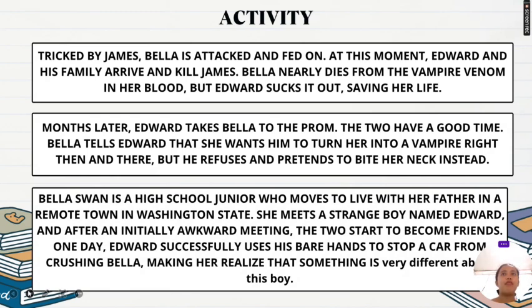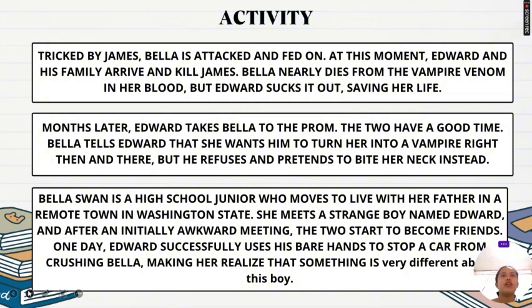Bella nearly dies from the vampire venom in her blood, but Edward sucks it out, saving her life. So how do we know that this is our climax? Okay, correct, because this part of the story is the most thrilling part since Bella is attacked already and the conflict is starting to get more complicated, but the result of the problem is not yet revealed.